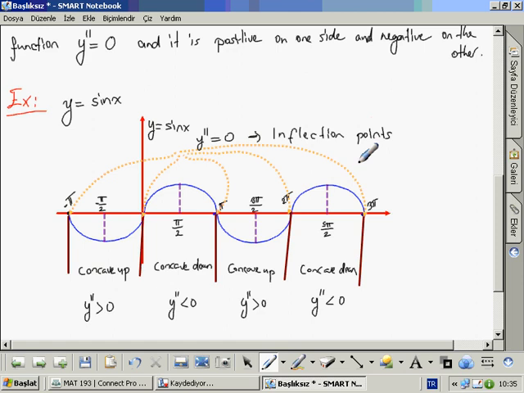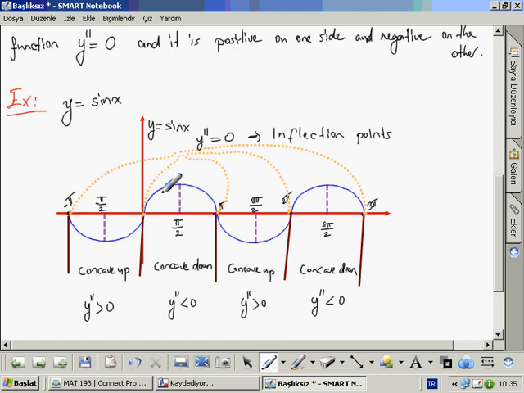Inflection points mean that concavity will be changed. So as you see, concave up here, and at this point concave down. So at these points, inflection point. Don't forget it. And at the inflection point, always y double prime equals 0.